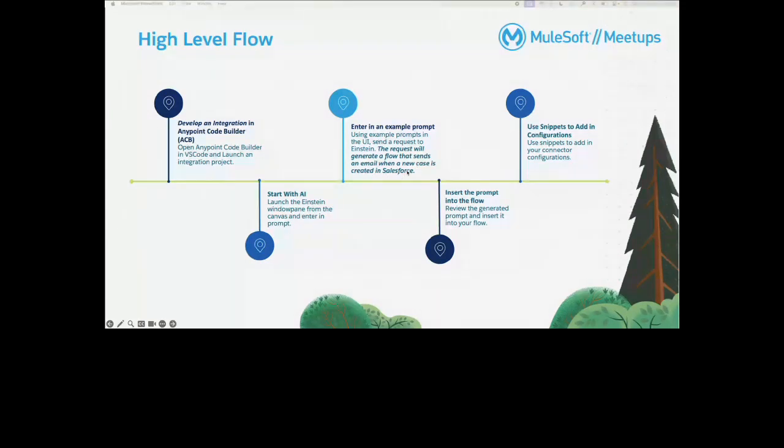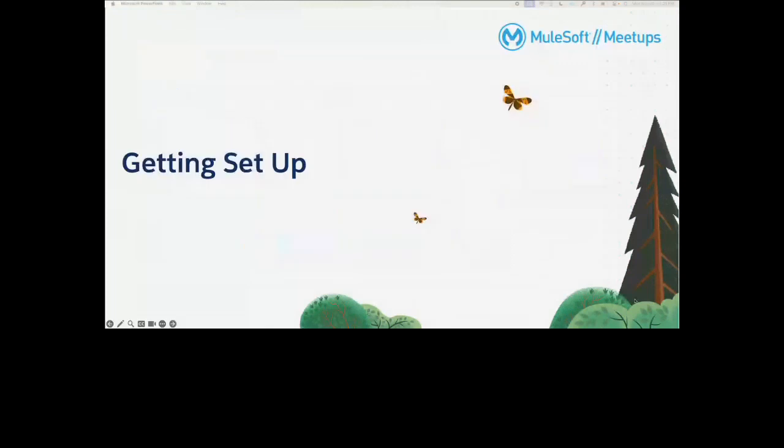He inserts that prompt into the Einstein, and it will generate the flows for you. So use these flows as snippets to add in the configuration. This is the high level of how the flow works.